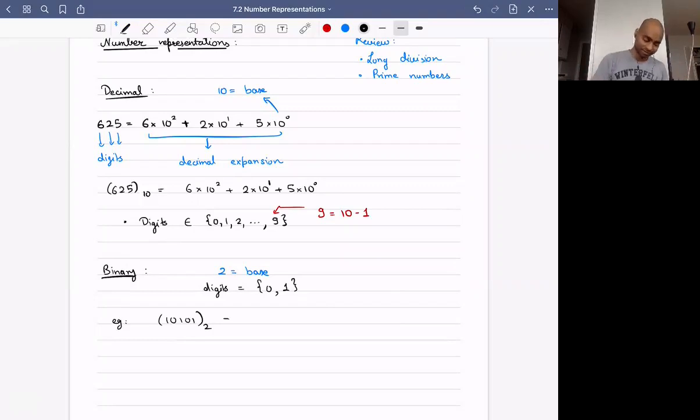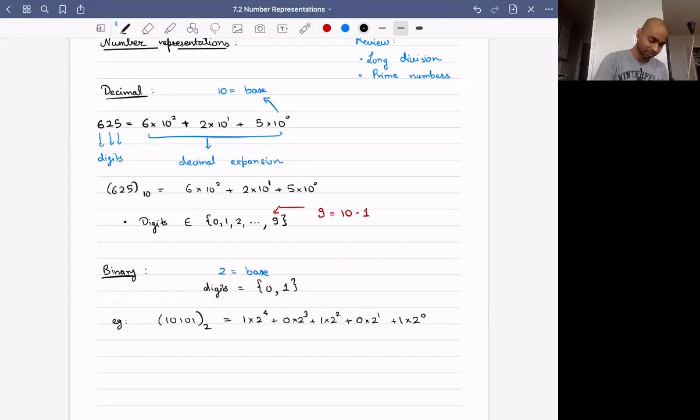What this means is I'll start with the rightmost digit. I'm doing 1 times 2 to the 0 plus 0 times 2 to the 1 plus 1 times 2 to the 2 plus 0 times 2 to the 3 plus 1 times 2 to the 4.